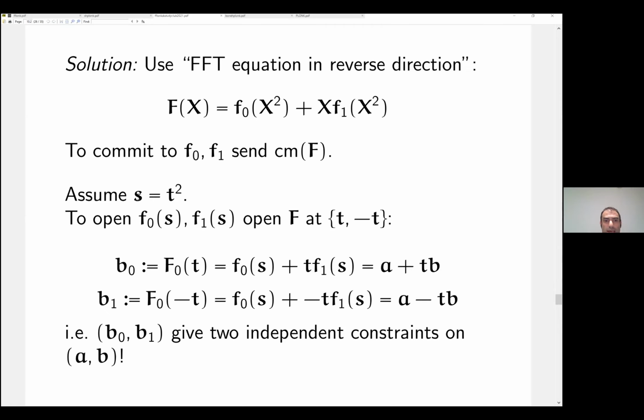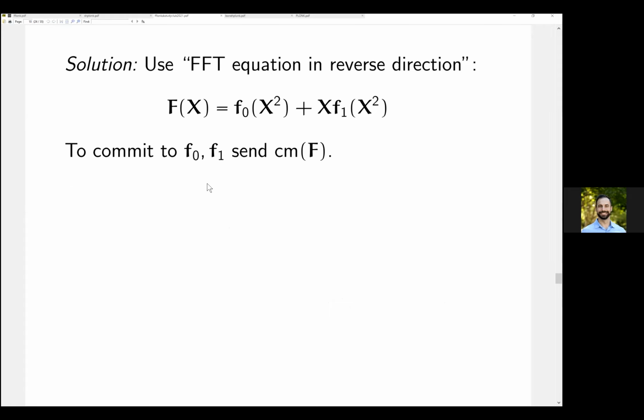So s is the point where I want to open f0 and f1. I'm assuming it's a square and its root, and so it has a root t. Got it. Okay, I'm assuming that answered your question. If not, just chime into the chat.